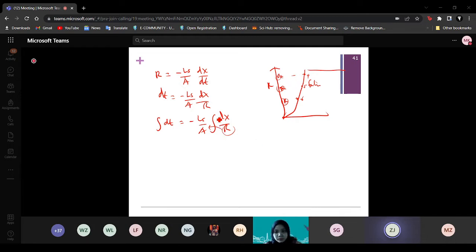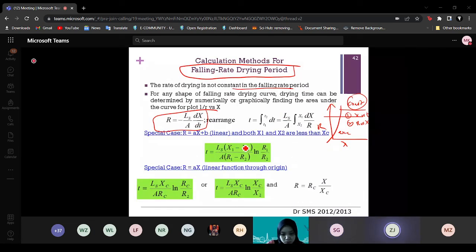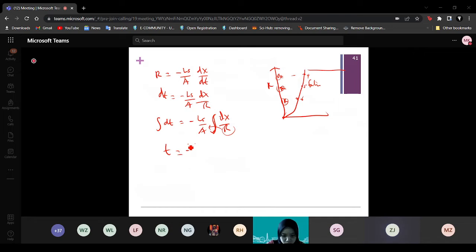So you need to integrate it together, dx over R. So to find the time from whatever x you want, it is going to be minus Ls over A, integration of dx over R.